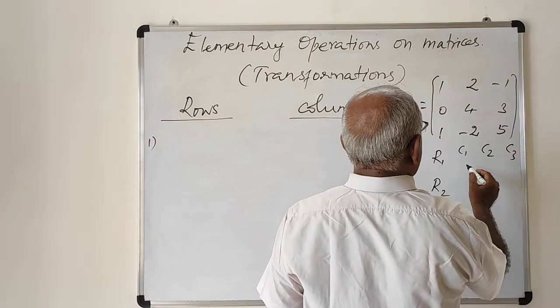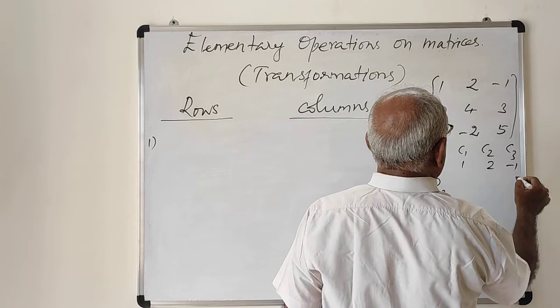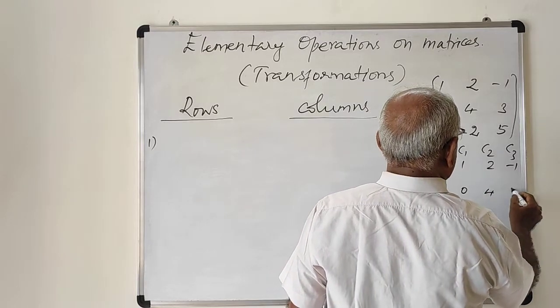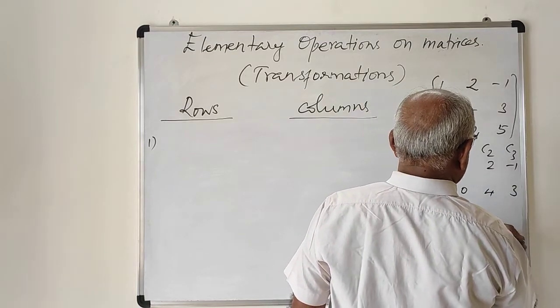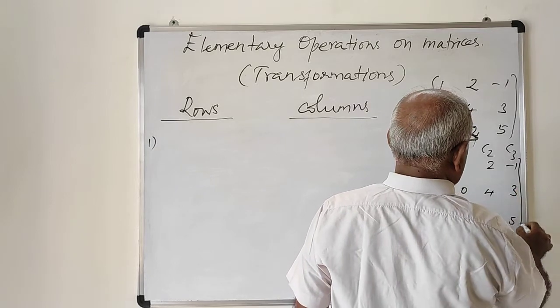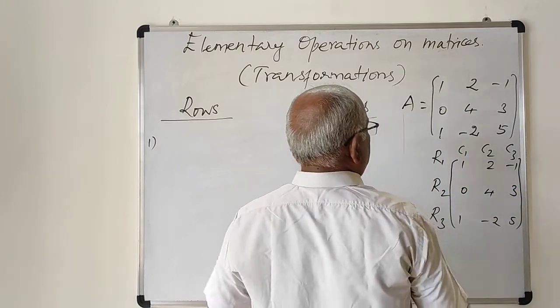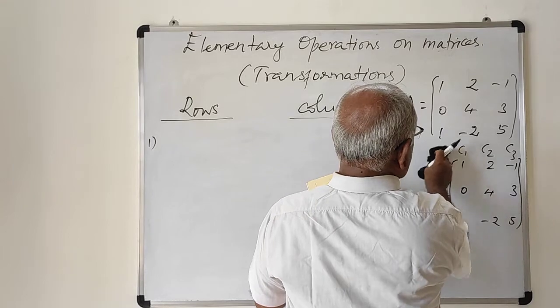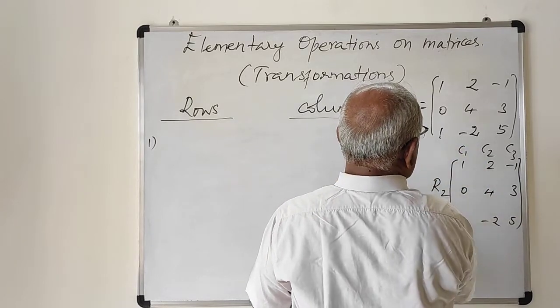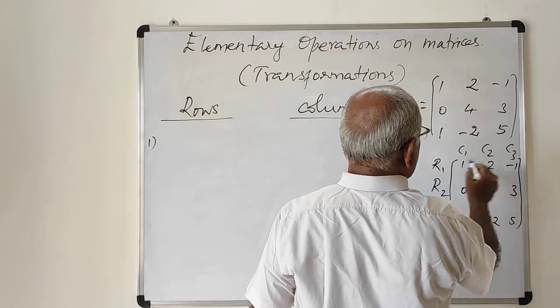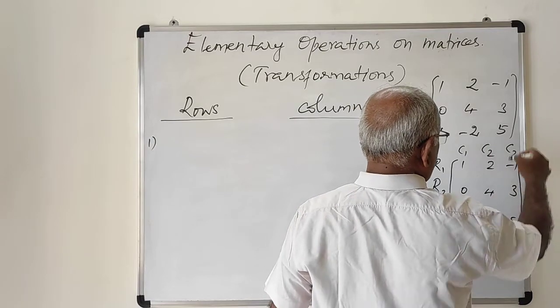Like that, this is 1, 2, minus 1, 0, 4, 3, 1, minus 2, 5. Given matrix A, this is R1, R2, R3, C1, C2, C3.